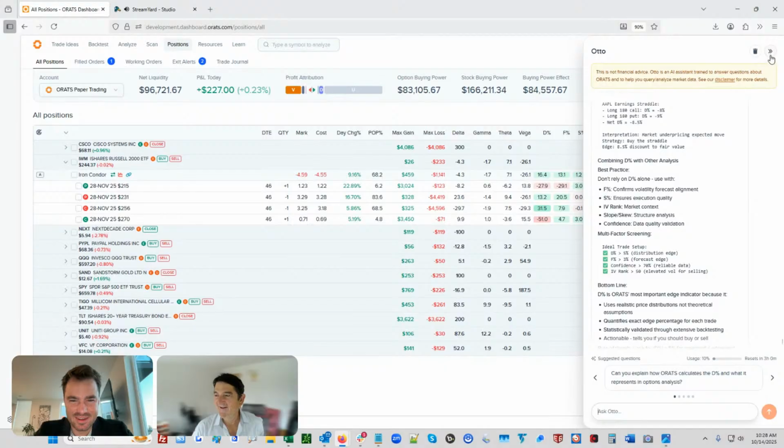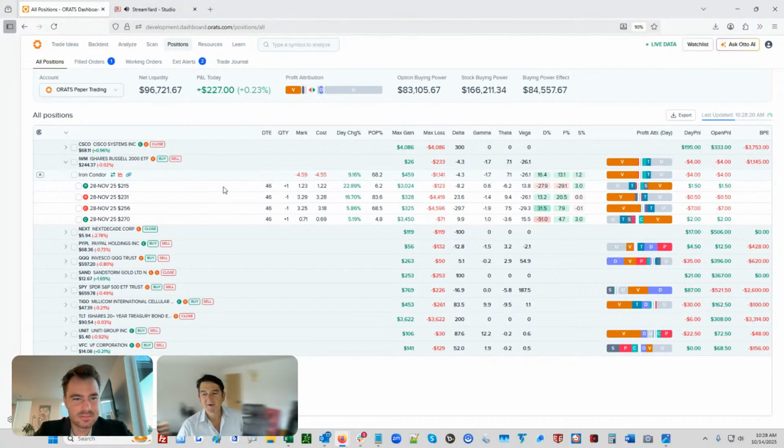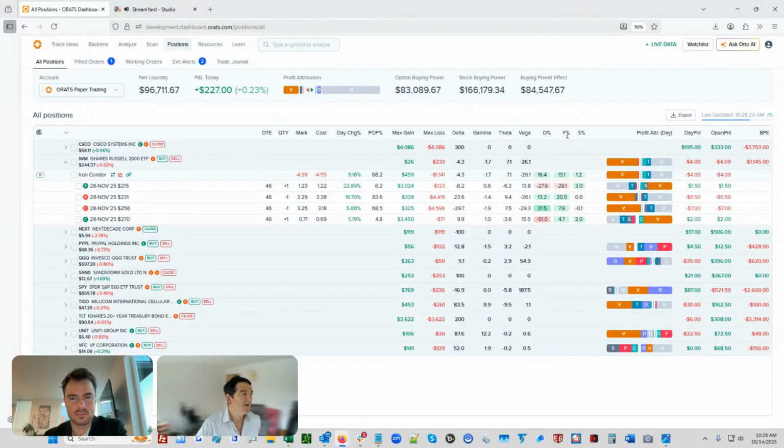Yeah. So we talked about forecast edge, and that's when we look at actual volatility. Lately the actual volatility has been below the implied, so there are a lot more selling trades showing up with positive F edge. But again, you have to take that with a grain of salt.